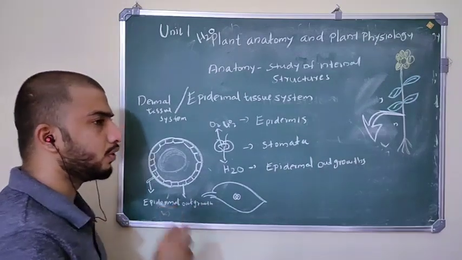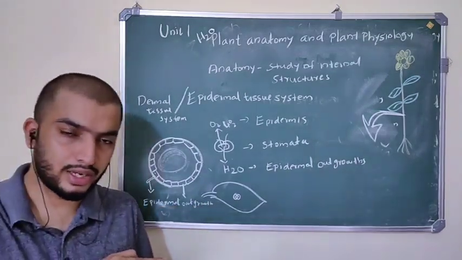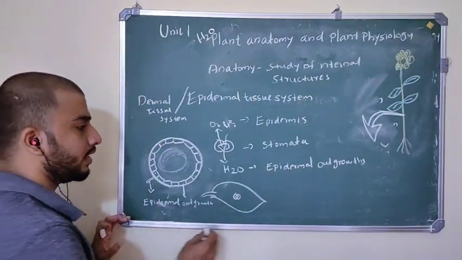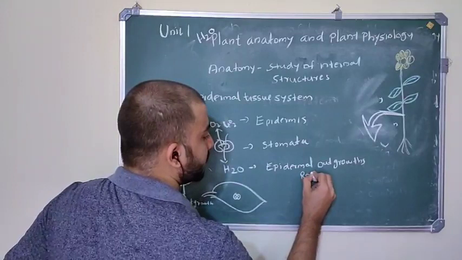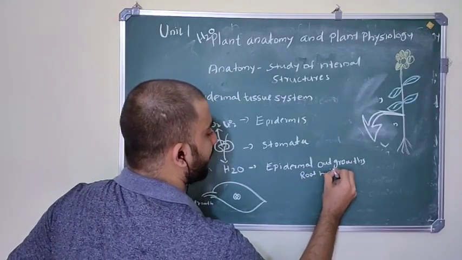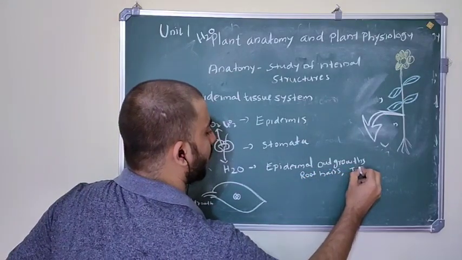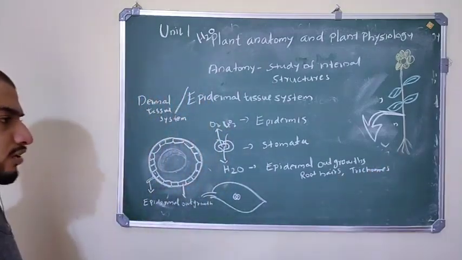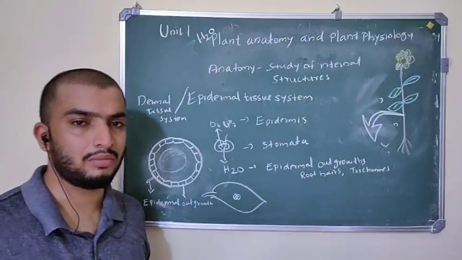If you take a cross section of a root and observe its anatomy, you can see root hairs formed from epidermal cells, or trichomes formed from epidermal cells. Okay, so these three are the components of the epidermal tissue system.